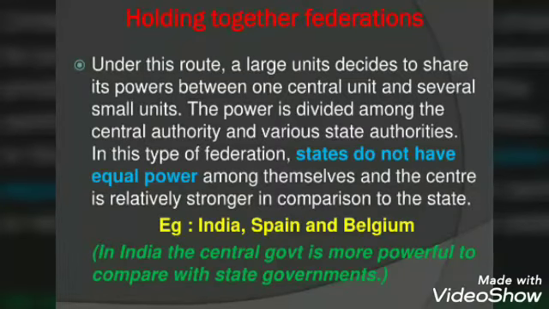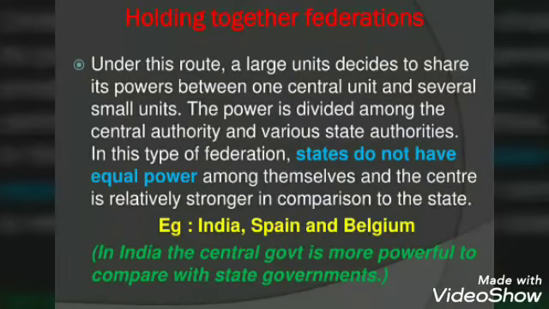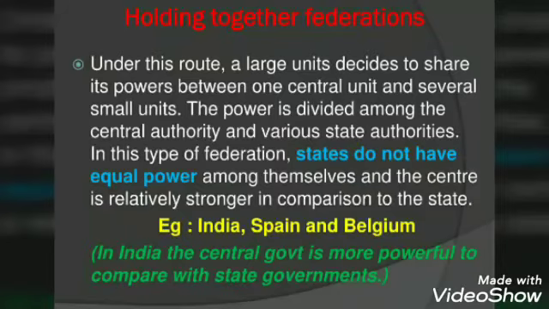That means under the holding together federation, the country divides its power between the central government and the state government. Under this, everybody does not get equal power. It's always the case that the central government will have more power in comparison to the state government.